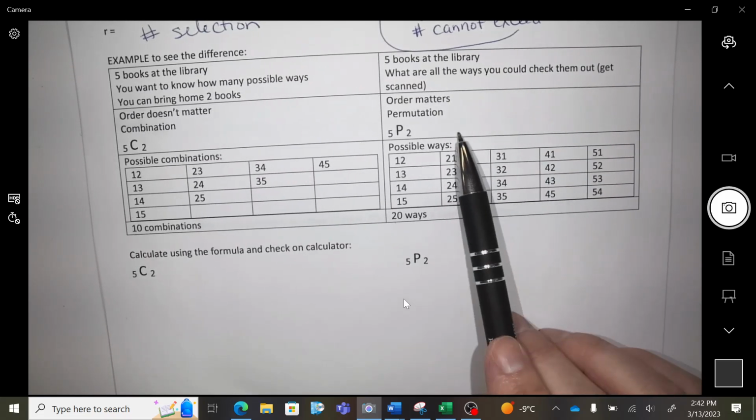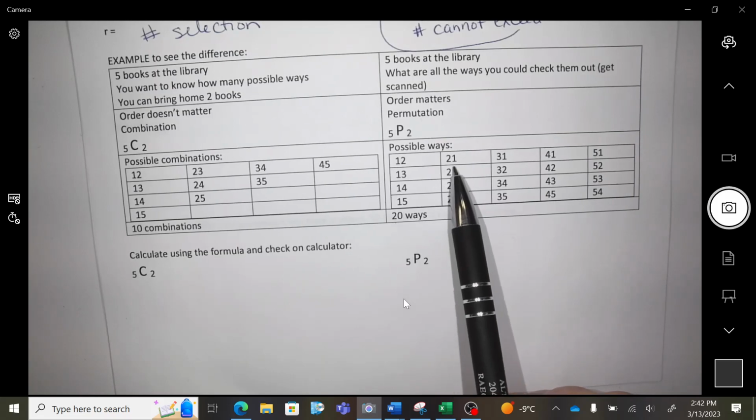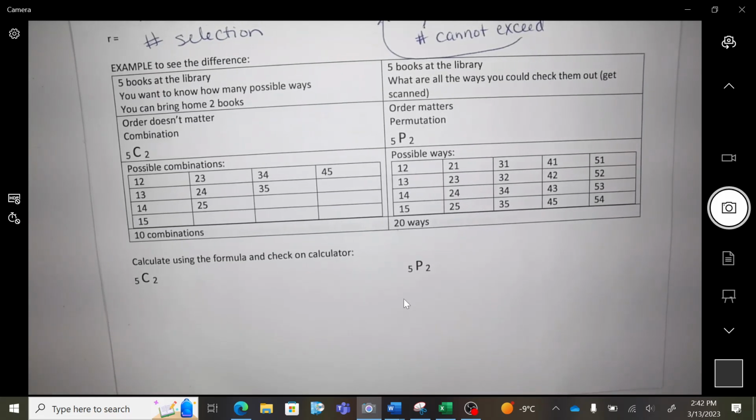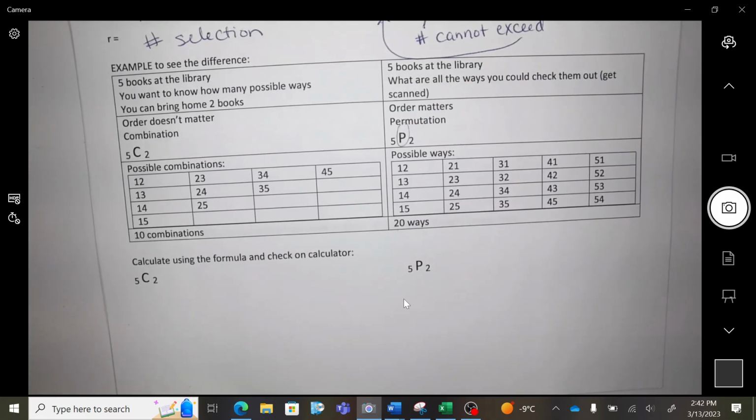And when I wanted to scan 2 books out, I wanted to know how many different ways I could scan them through the buzzer. You know, at the library, you can go ding, ding. I wanted to know how many different ways I could scan 2 books. So that's a permutation because the order of my scanning mattered, and that ended up being 20.